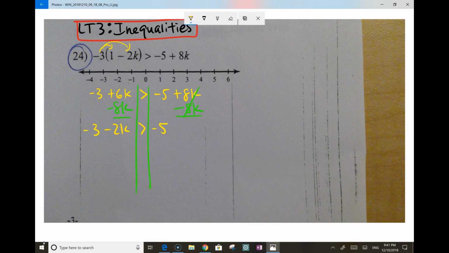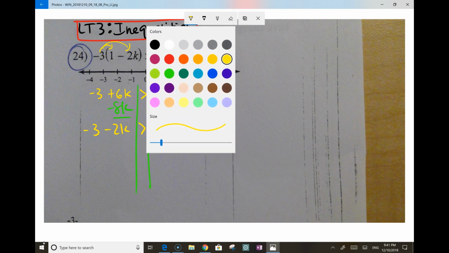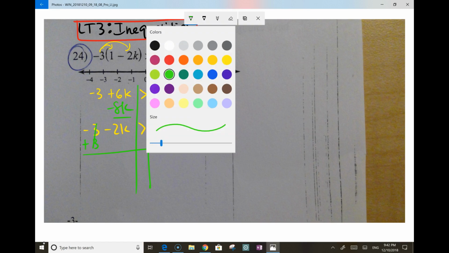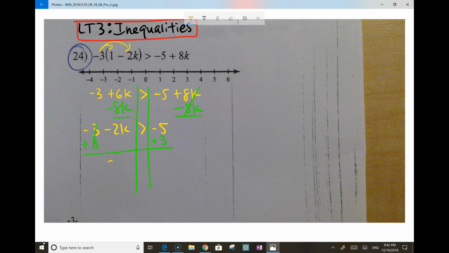Okay, so now that I've decided I want my variable to be on the left, I'm going to move all the numerical values to the right. And this will begin with moving the -3. So I'm going to do the inverse to both sides. This disappears, and we get -2k is greater than -2.